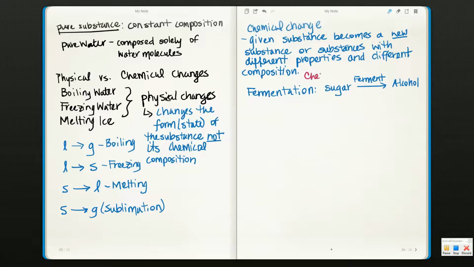So these are all chemical changes examples. Another example would be oxidation.